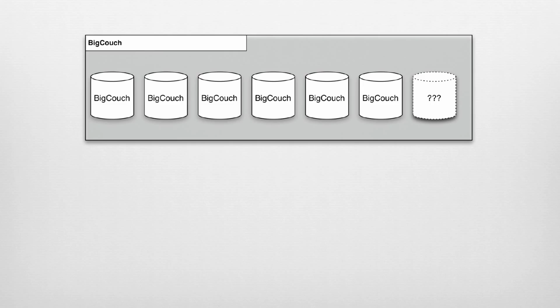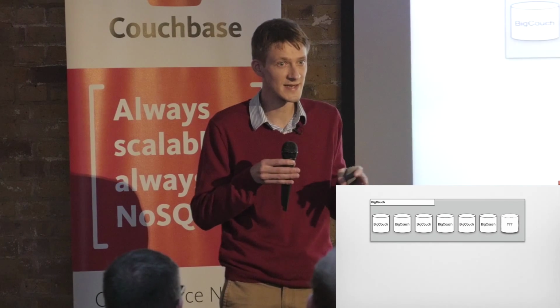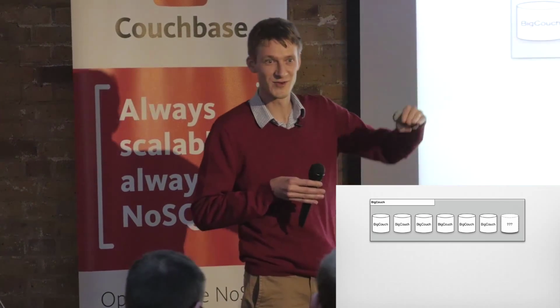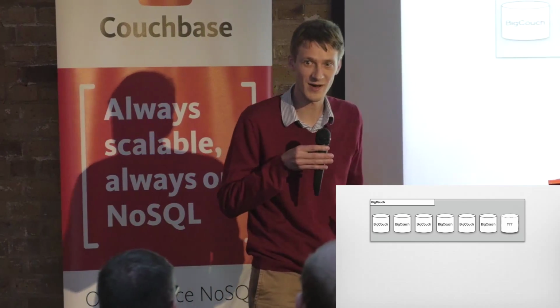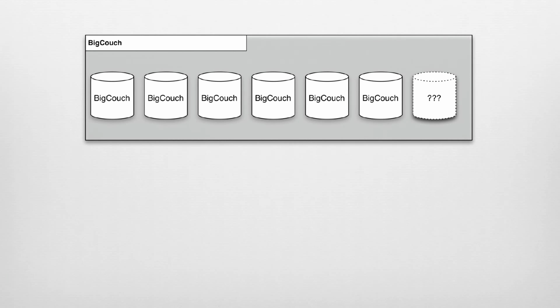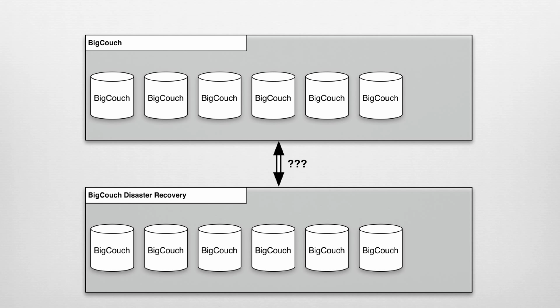The number of nodes, you set them at the time of creation of the database. So we couldn't just say, right, we know we have to go from here to here, and it was difficult. The other thing that was difficult was cross data center replication. We couldn't get it out of the product.